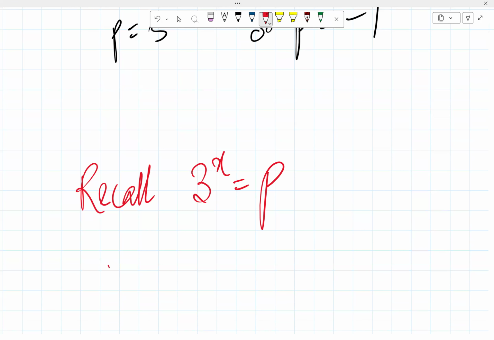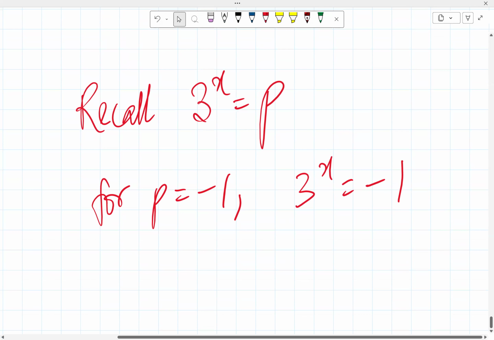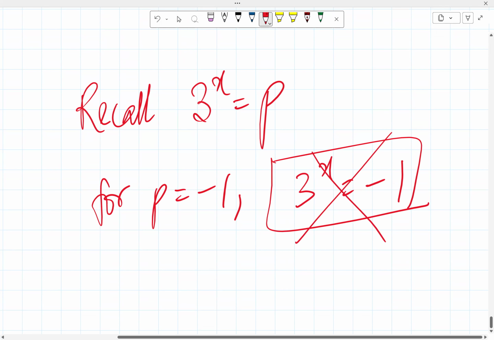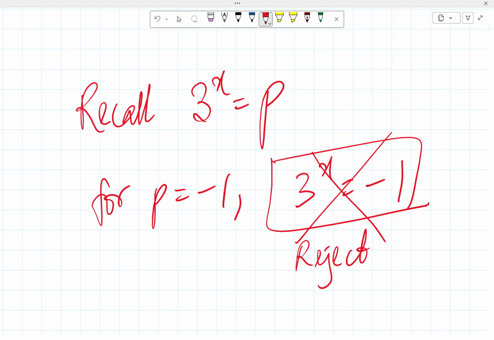So for p equals minus 1, it means you have 3 raised to power x equals minus 1. No matter what you do, this is not going to work, okay? So we have to reject this solution. Number one, you cannot write minus 1 as 3 raised to power something. Number two, if you even take the log, it won't work. So that solution is discarded.